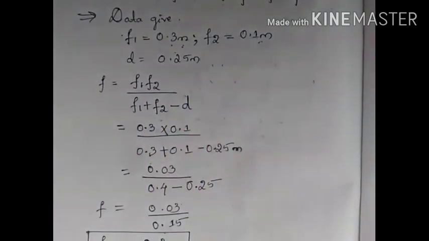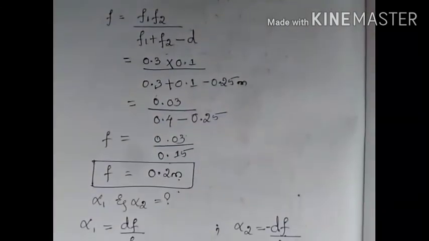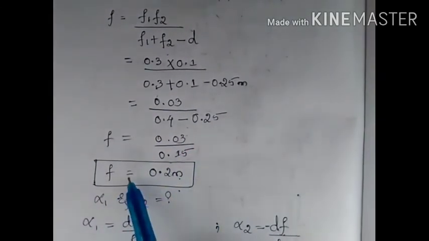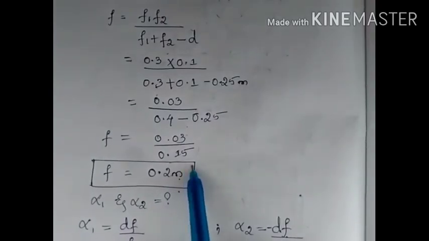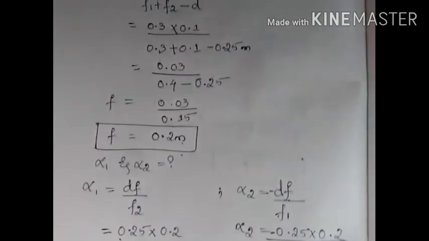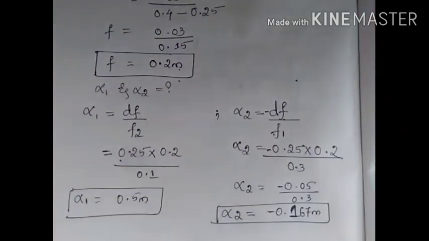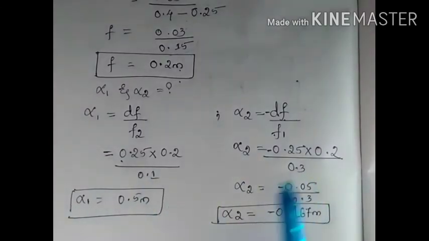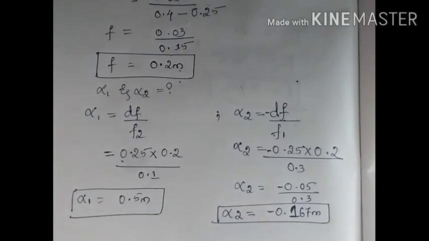Solving this, f is equal to 0.03 divided by 0.15, that means f is equal to 0.2 meters. So we found the equivalent focal length. Now with this data we find the position of the principal points, alpha 1 and alpha 2. We already know the formulas, so substitute the values and find alpha 1 and alpha 2. So that is the solution for problem 5.